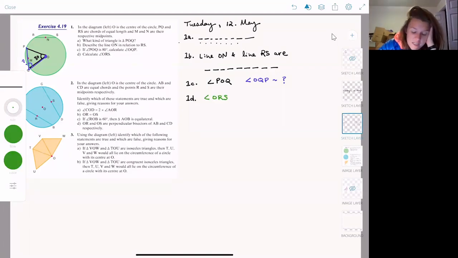And so for 1D, it asks us about angle ORS, and we don't have any other angles in this triangle, but we do know that with two congruent triangles, the angles will be the same, okay?